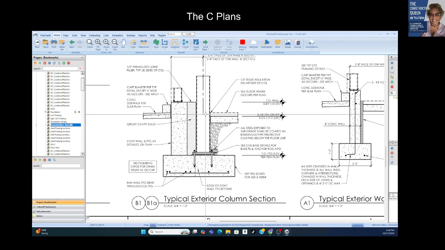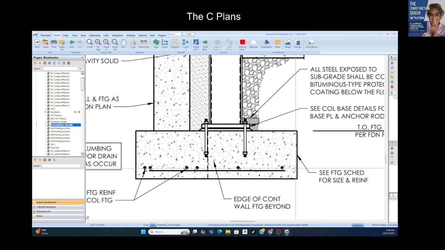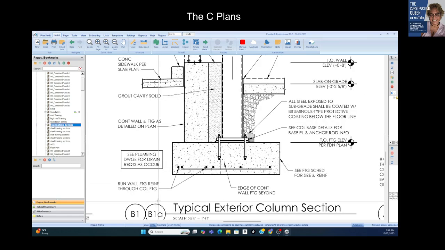You have to see how far this continuous wall goes as detailed on the plan. So we'd have to see that one. Because there's a couple of costs related to this when we talk about the takeoff and breaking it down. The footer, and look what the footer has on it, a lot, right? So the footer has one, two, three, four, five, six.